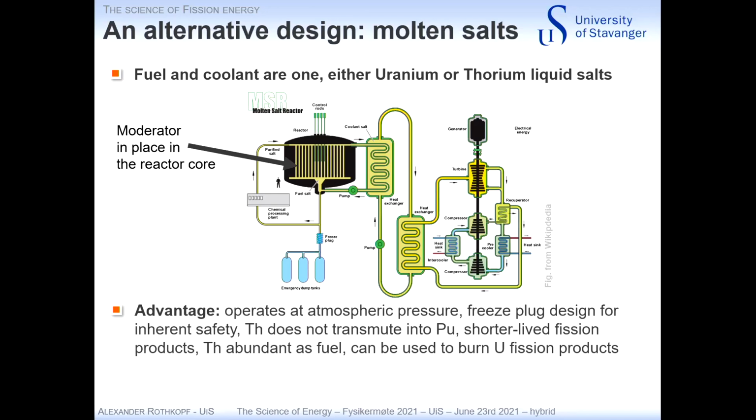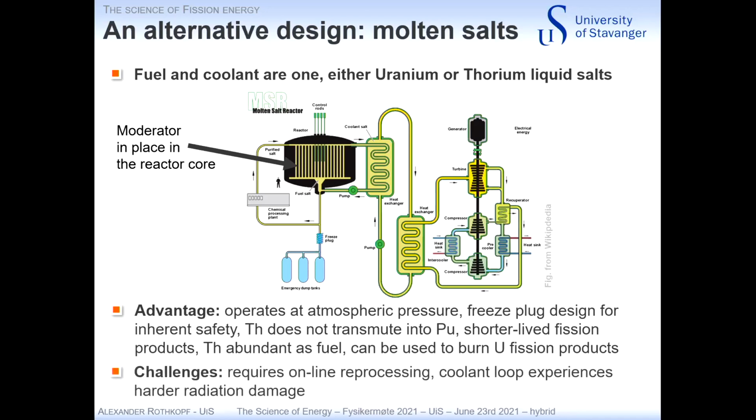So essentially what it is, it's that you keep artificially frozen a vent in your primary loop, and if in an accident condition the electricity cuts out, what will happen thanks to the second law of thermodynamics, that will melt that plug, and because your fuel is liquid, it will drain off thanks to gravity being present into a non-critical configuration below the reactor. Of course, there's no free lunch.